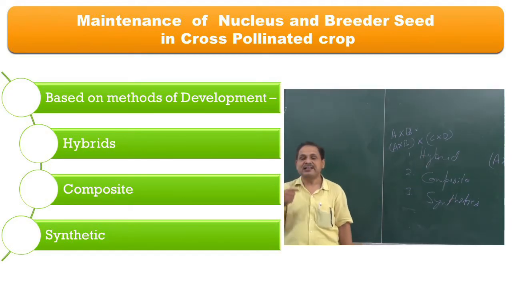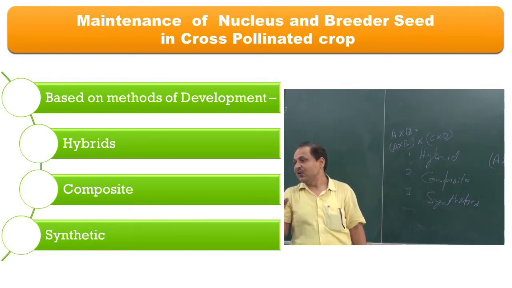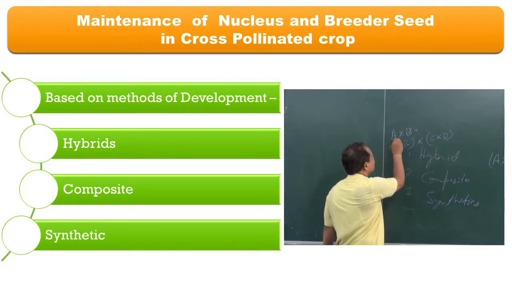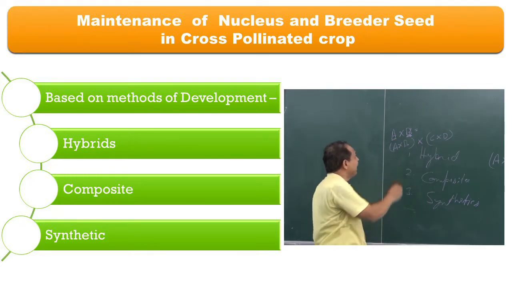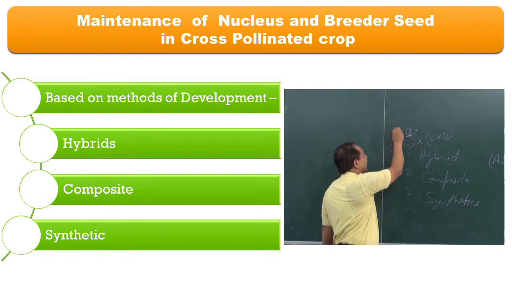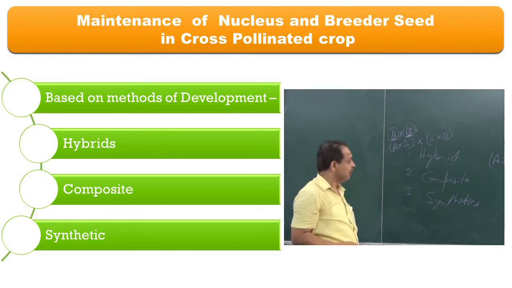There are several steps under maintaining nucleus seeds of inbred lines. That's why I said that in single cross we use two parents, and these two parents are known as inbred lines. What are inbred lines?